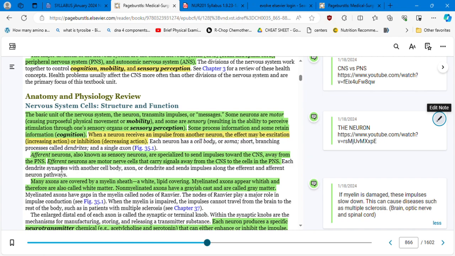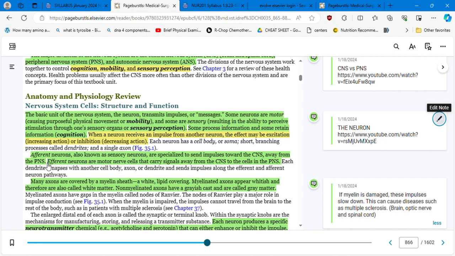We have afferent neurons, also known as sensory neurons, which are specialized to send impulses toward the CNS, the brain and the spinal cord, from the PNS, the peripheral nervous system. They are sending messages into the spinal cord, meaning all the nerves that are bringing messages into the spinal cord.